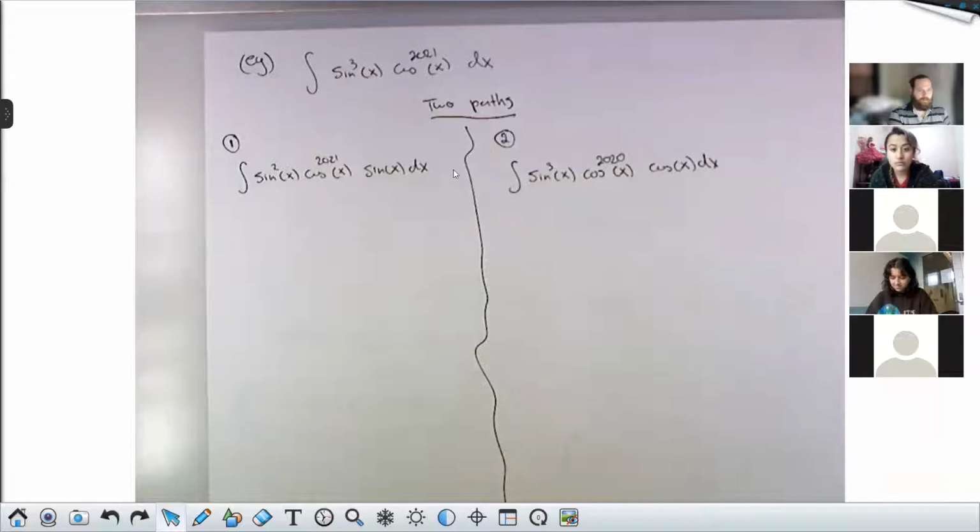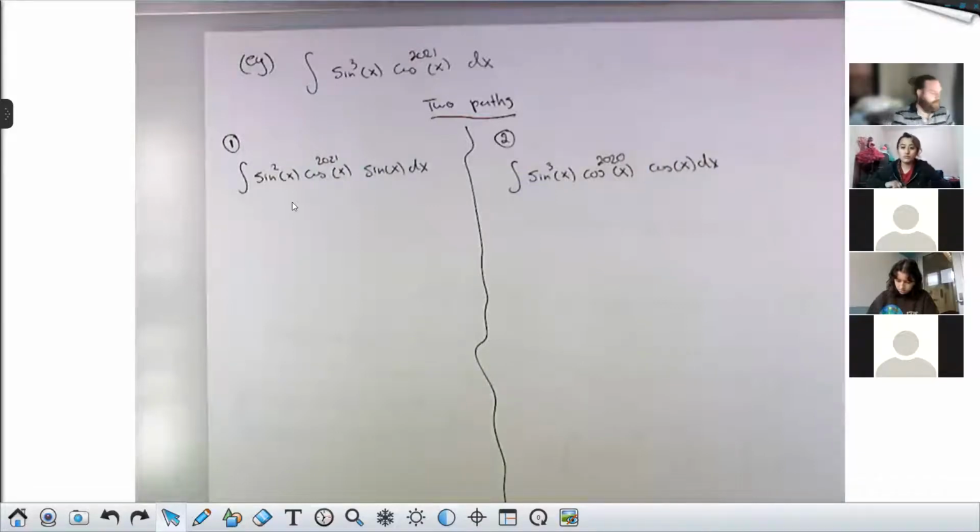In the first setup, I want to substitute for cosine because I'm setting aside a copy of sine x to cancel with my du or dz. In the second path, I want to substitute for sine because I'm setting aside a copy of cosine to be absorbed in my substitution as dz.